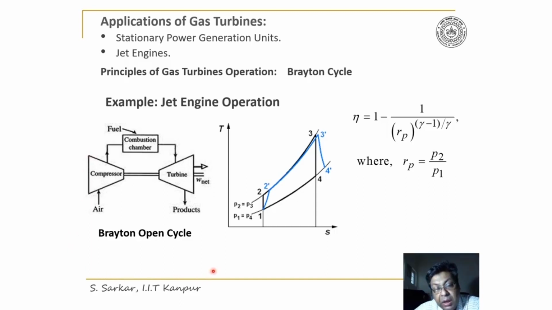I have discussed here the schematic of an open cycle, where this is the compressor, combustion chamber and the turbine.